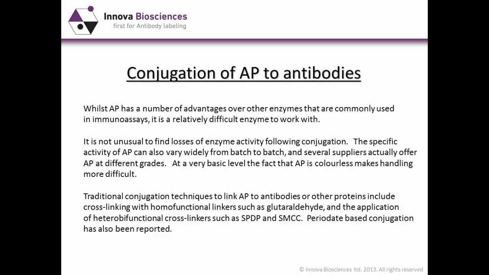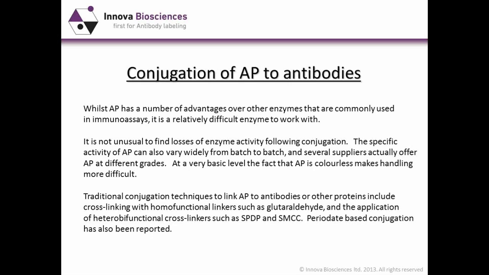Specific activity of alkaline phosphatase itself can also vary very widely from batch to batch. And indeed, a number of suppliers actually offer alkaline phosphatase at different grades based on the different specific activities. Also, at a very simple level, the fact that alkaline phosphatase is colorless and you can't actually see it during a conjugation reaction tends to make life more difficult.